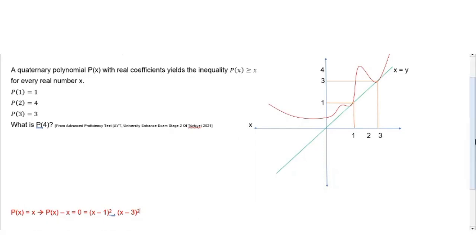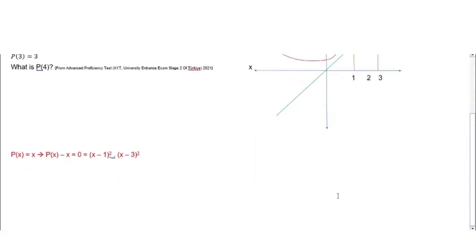So we're continuing. There's still something remaining we forgot adding. Let me write the same equation right here again. P(x) minus x equals this.